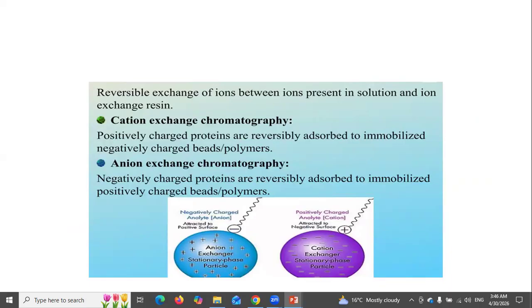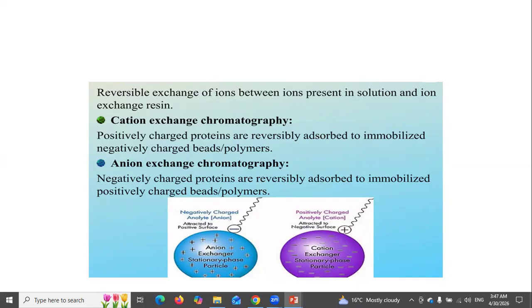Reversible exchange of ions between ions present in solution and ion exchange reagent. Cation exchange chromatography: positively charged proteins are reversibly adsorbed to immobilized negatively charged beads of polymers.